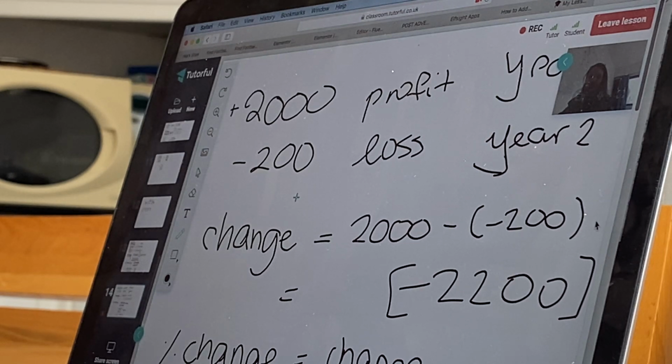Is that possible? No, exactly right. So we know that we're always losing 100% if we're going from profit, positive value, to negative value. We're always losing at least all the profit. So we end up going at least 100%, and then whatever the loss is, extra on top of our 100%.